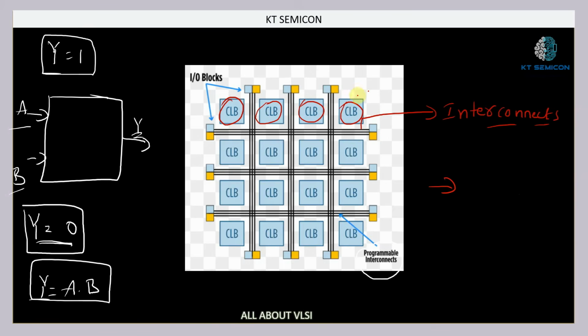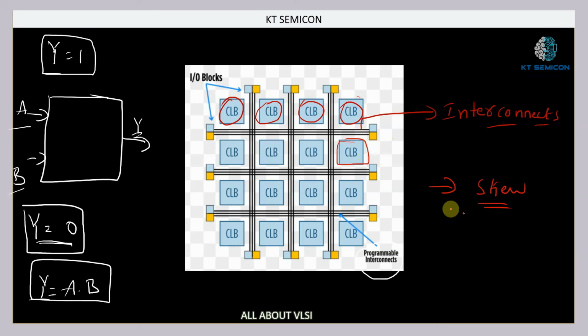The tool is going to take care of which CLB should be connected to which CLB, and there will be so many factors like skew, clock jitter, routing, and so on. So which particular CLB should be connected to which particular CLB to implement a particular function will all be decided by the tool.